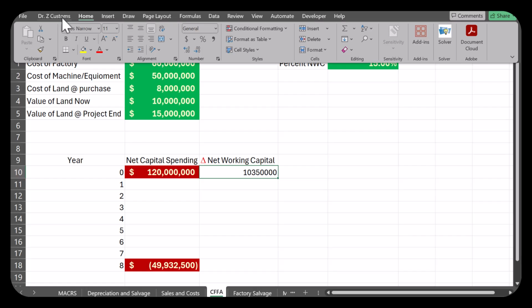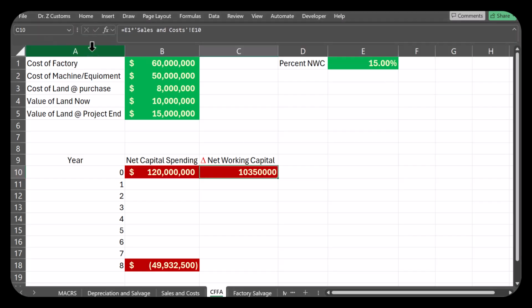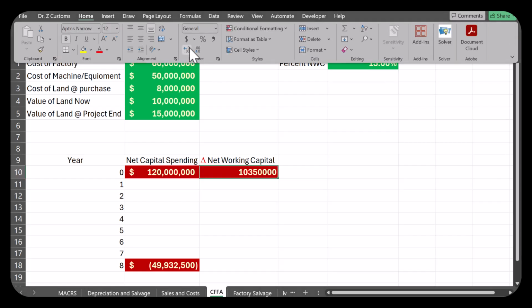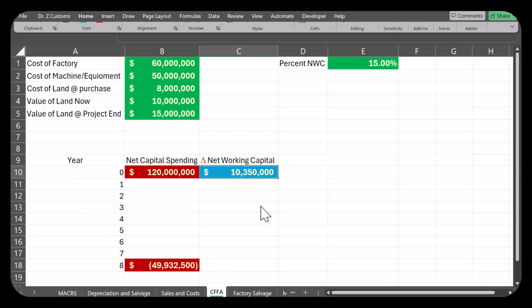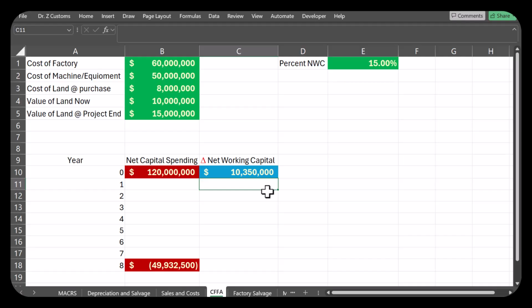And I'm gonna make that a different color because I can. Now, that's the change in the year zero. But after that, sales are not constant.